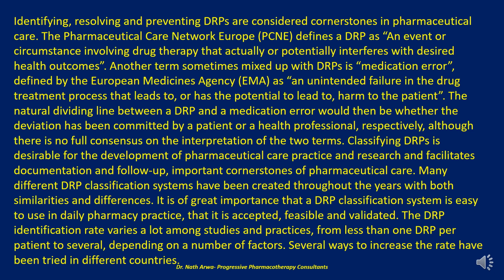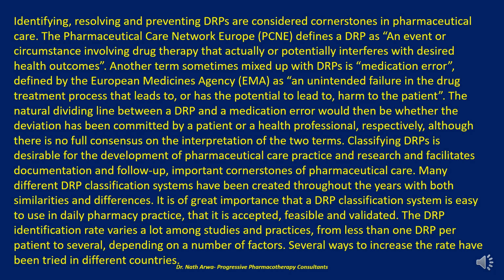Classifying drug-related problems is desirable for the development of pharmaceutical care practice and research and facilitates documentation and follow-up, important cornerstones of pharmaceutical care. Many different drug-related problem classification systems have been created throughout the years with both similarities and differences.